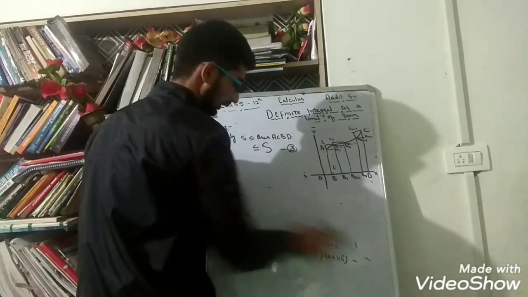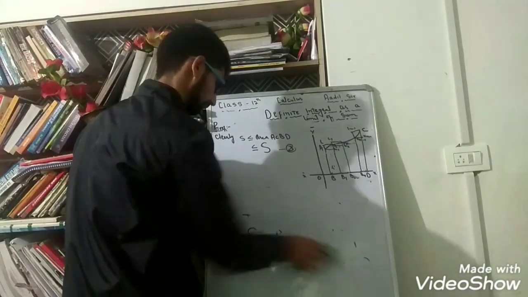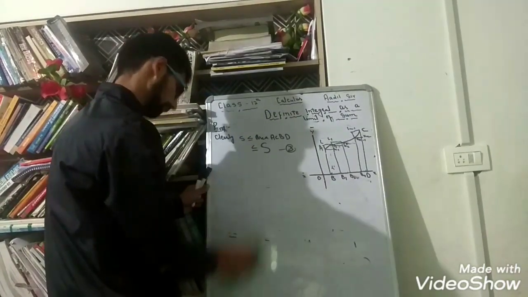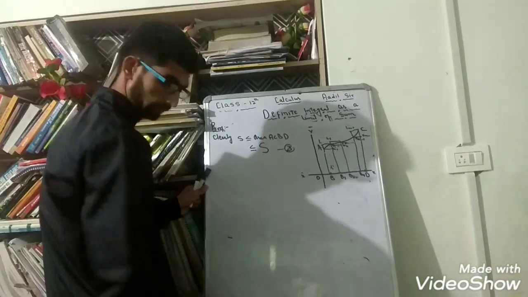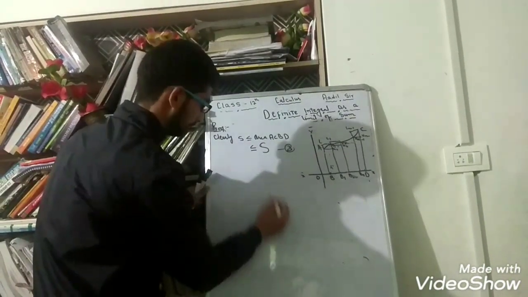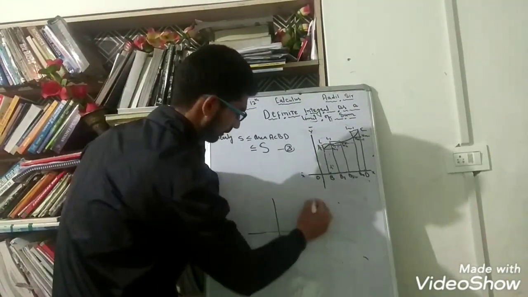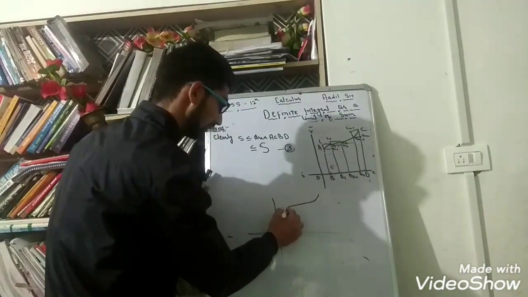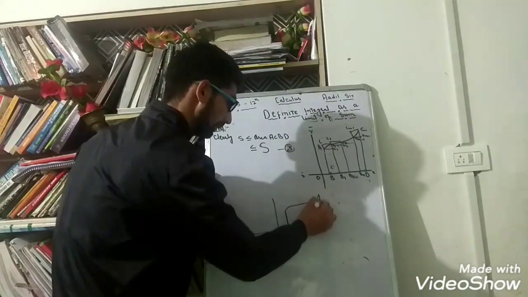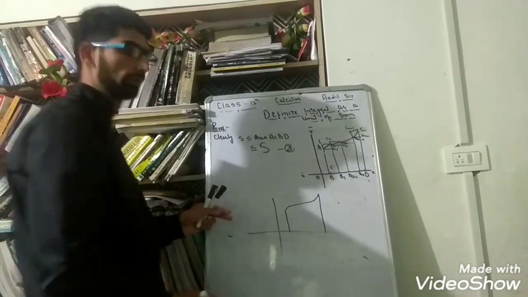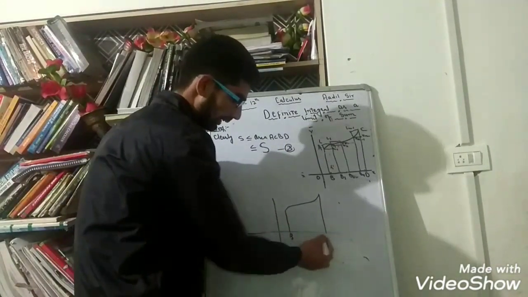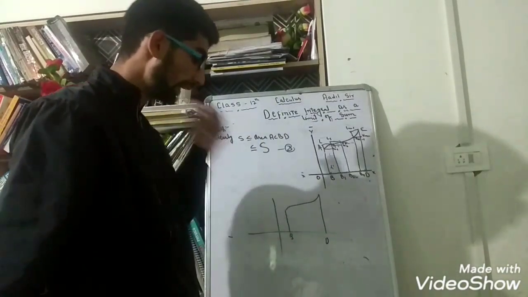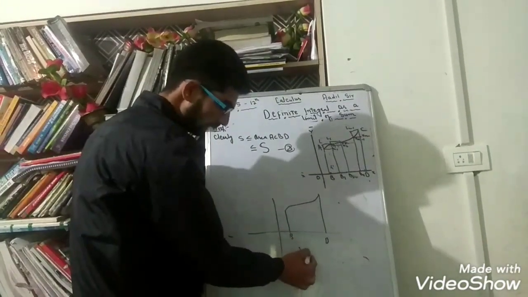Now here you have to concentrate. You check here, I have taken a curve and then I divide this curve into n equal parts. Now this BD, I have divided into n equal parts.